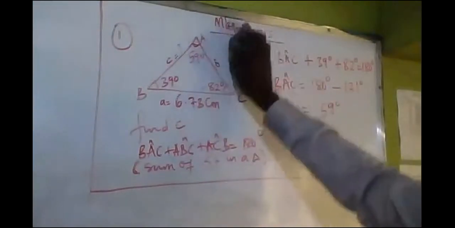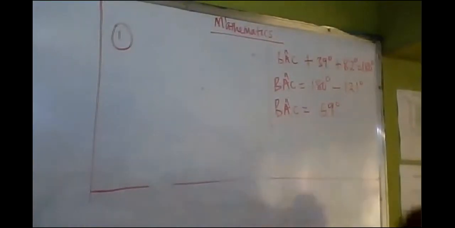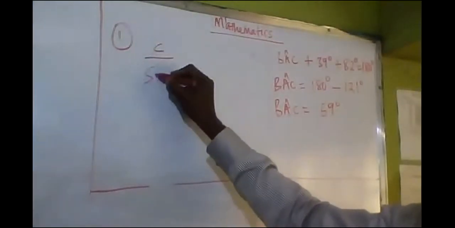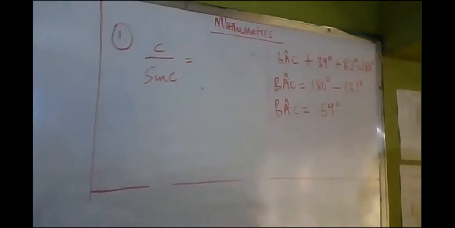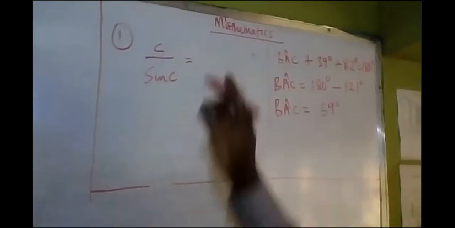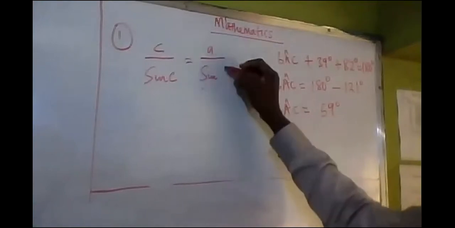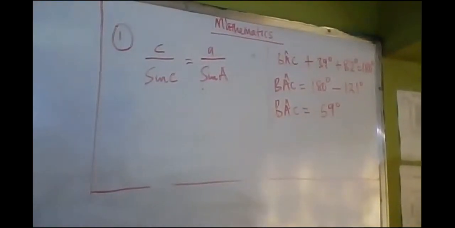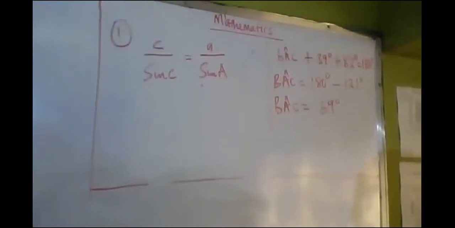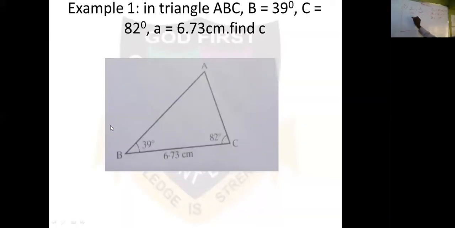Hope you've gotten this. So I'm wiping it out. So we have now c over sine C is equal to a over sine A. Pardon me, I want to get the question back.